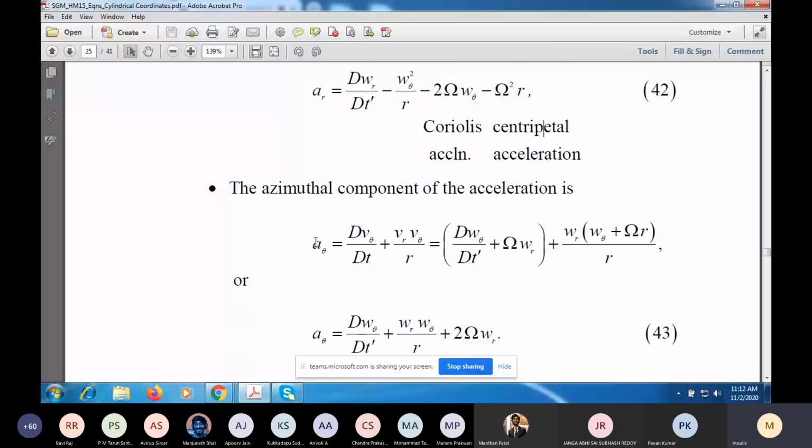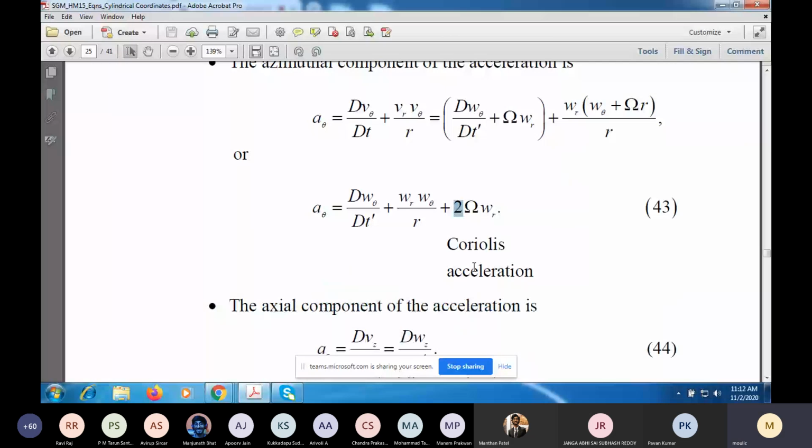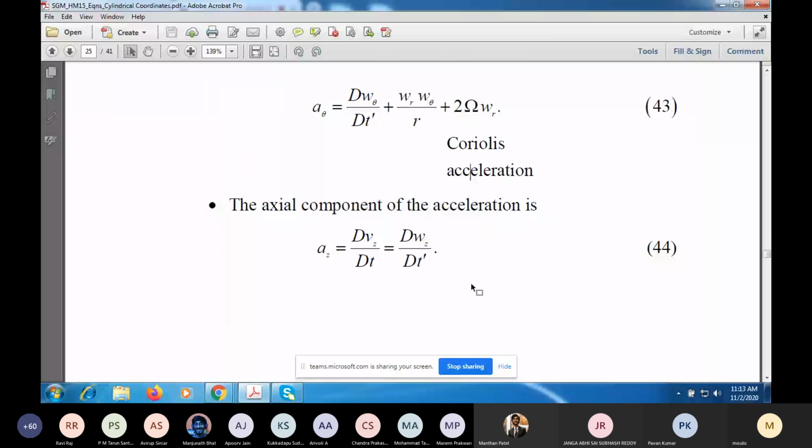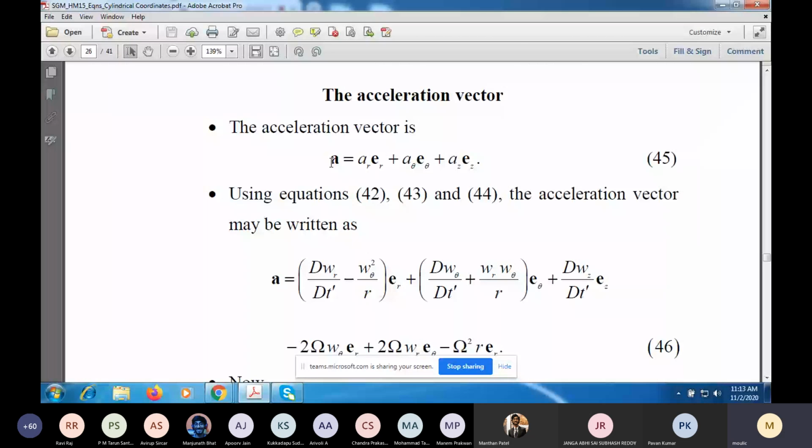Similarly, if you look at a theta, you will have this additional term 2 omega wr, which again you will recognize as the Coriolis acceleration. So it's useful to look at the acceleration vector, which in cylindrical coordinates is ar er plus a theta e theta plus az ez.